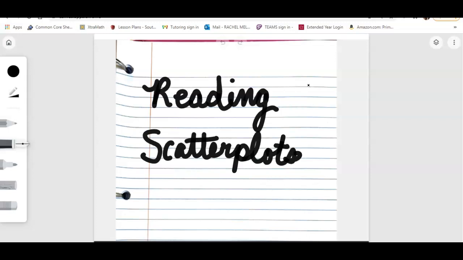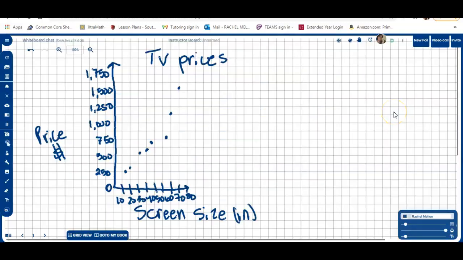So let's talk about what a scatterplot is. This is a scatterplot. Notice that it kind of looks like a line graph, doesn't it? It has dots that are put onto the graph.